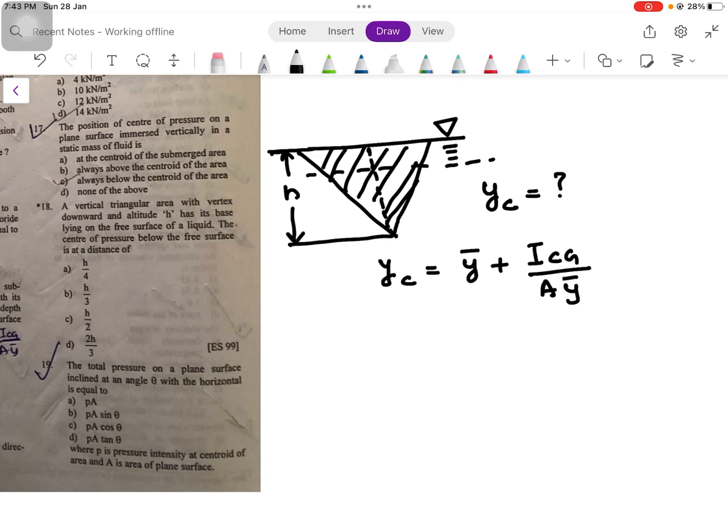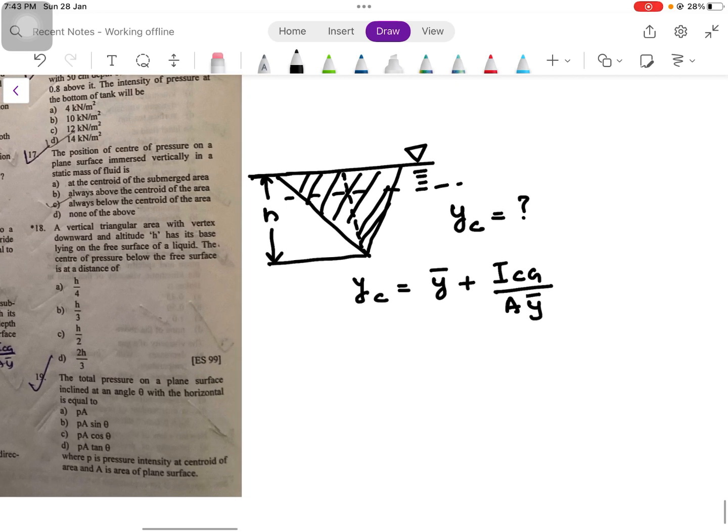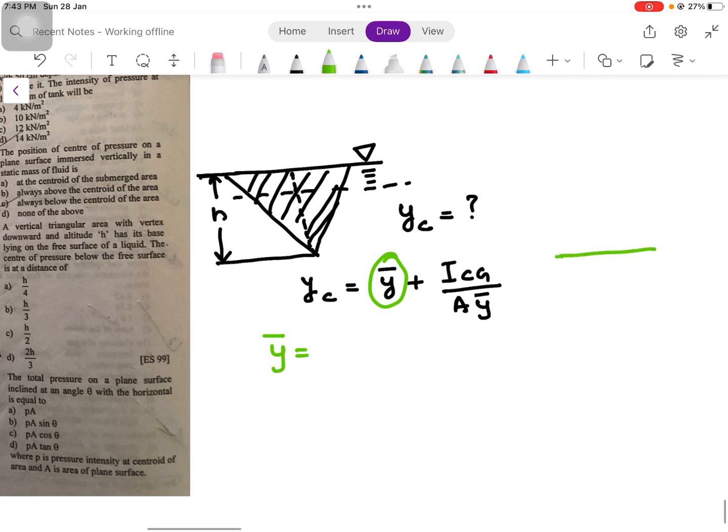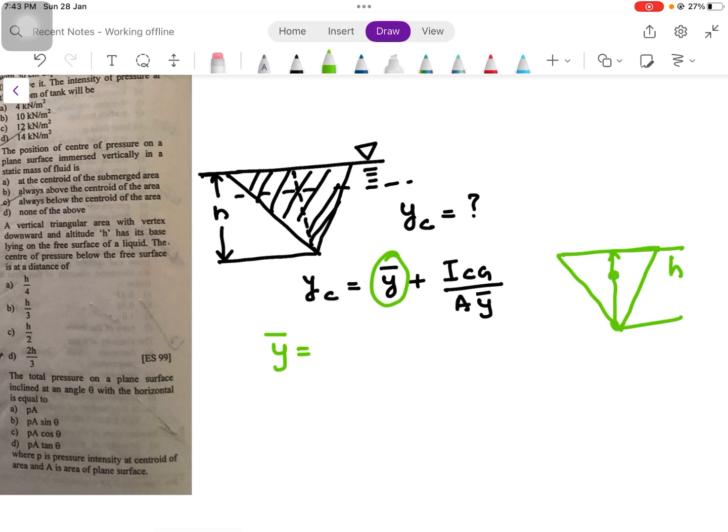Let us find these terms one by one. The first term is y bar. If we have a triangle of altitude h, then the position of its centroid is at a distance of h by 3.